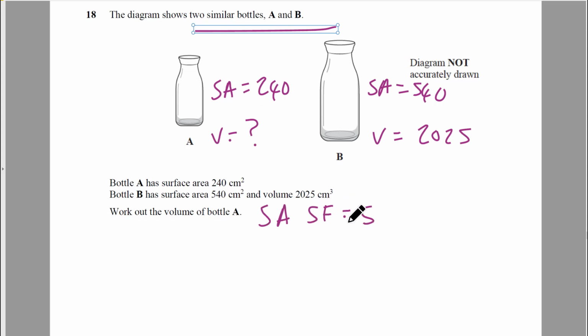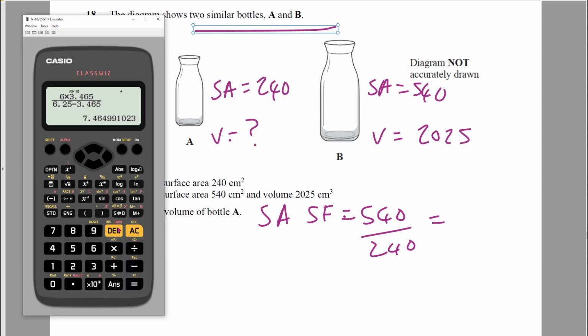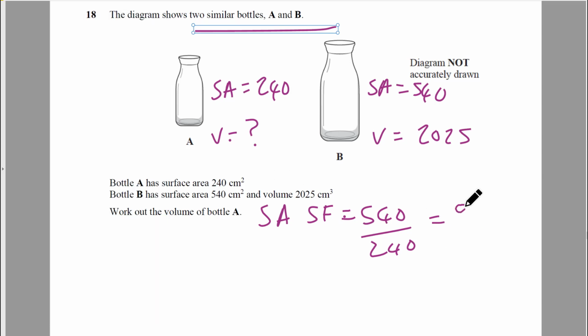So that's going to be 540 divided by 240, which is 9/4. So if this was non-calc, you could leave it as 9/4.